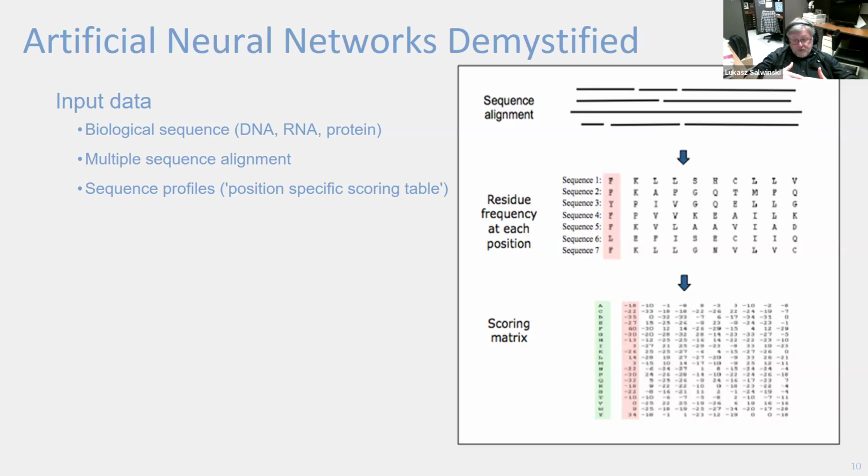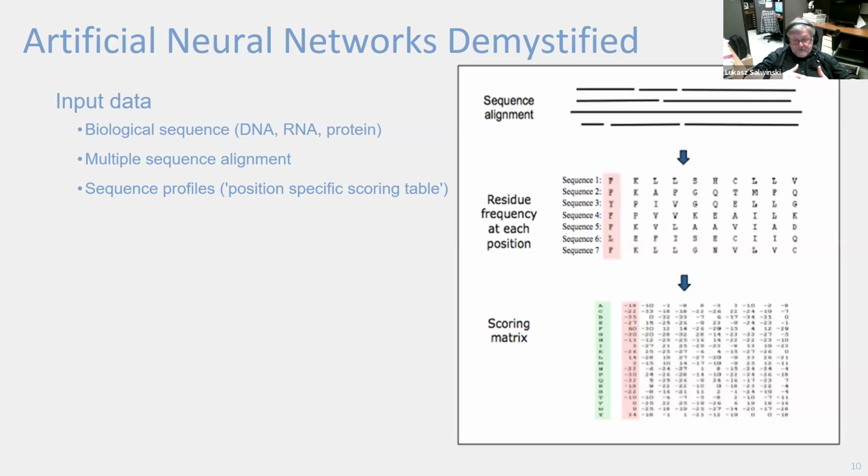Neural networks don't know what the amino acid symbols are, so you've got to convert it into numbers. But otherwise it's gonna be a series of numbers that corresponds to the sequence of our protein or our gene.